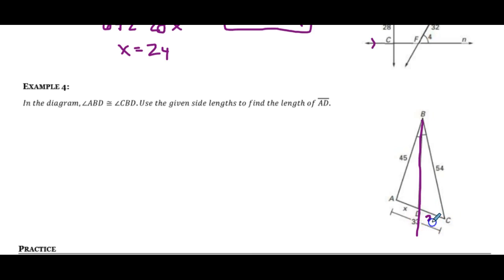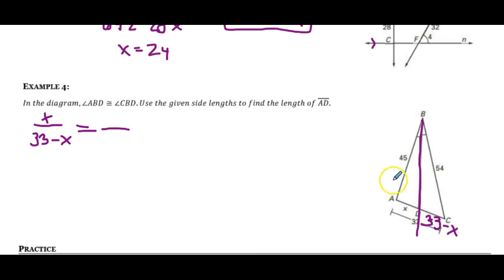So I'm actually just going to do some subtraction. That gives me that 33 minus x is going to be this part over here. So I've got my fraction bar set up. I know that x over 33 minus x is going to be equal to some other fraction.